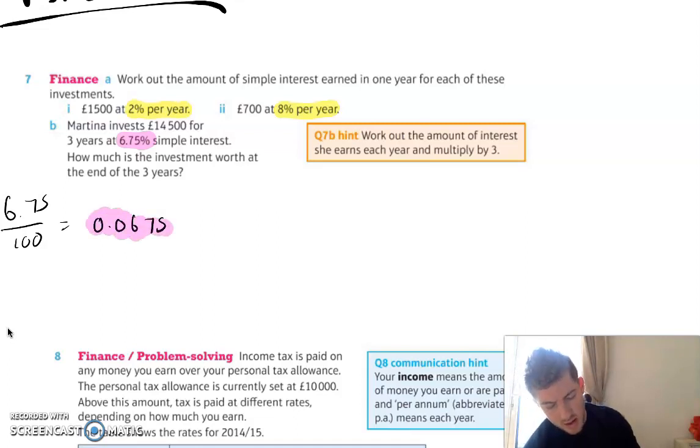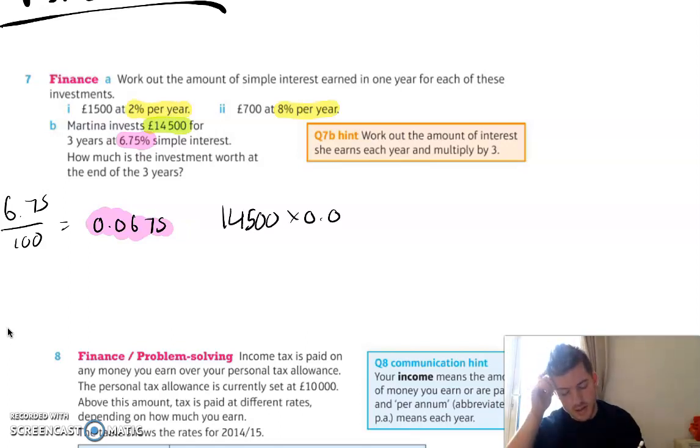That's a multiplier. So we invested, what's our investment? Here we are, put it in green here. 14,500 times 0.0675 equals £978.75.